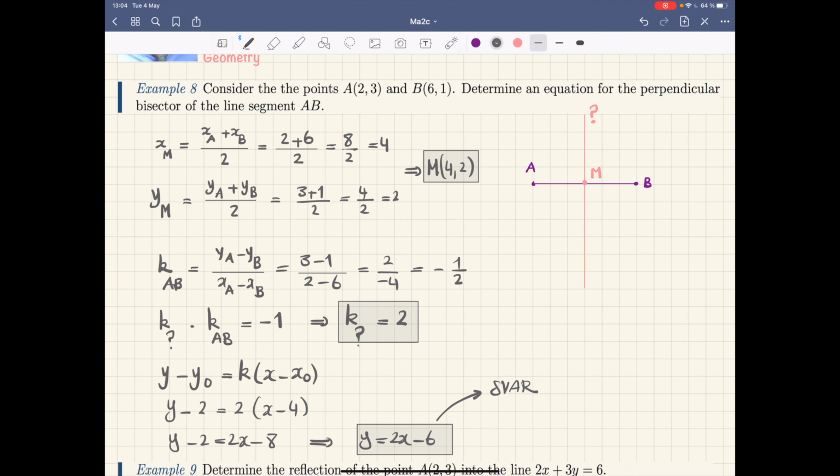GeoGebra has this instruction implemented in it, so it's probably a very good idea to work with GeoGebra as much as possible because it teaches you a lot of things. Now you understand the meaning of perpendicular bisector. If you want a perpendicular bisector, you should give me a line segment, then I can give you the perpendicular bisector.